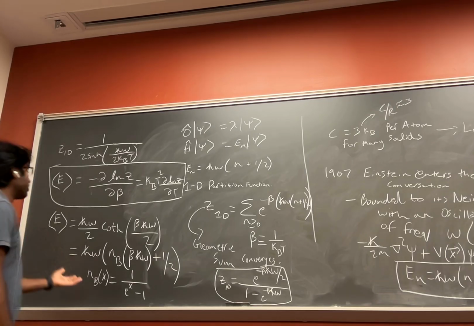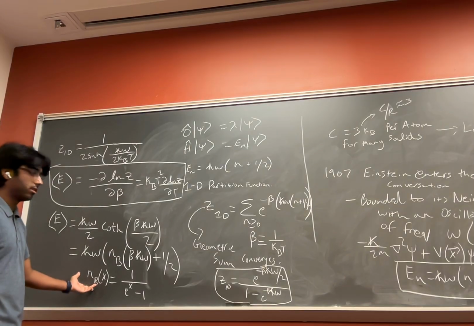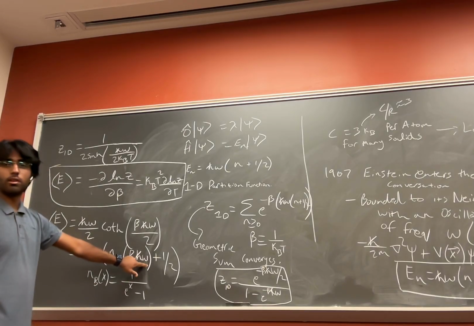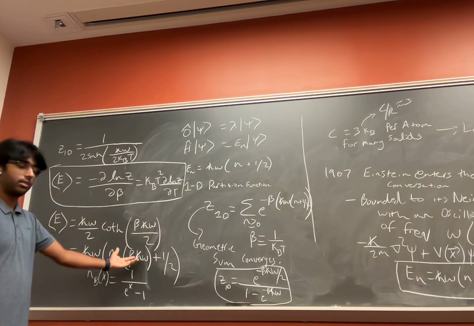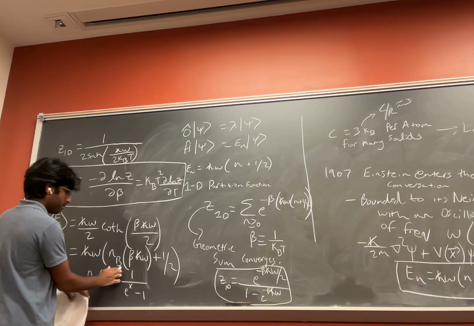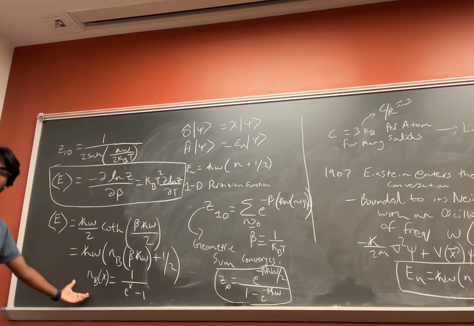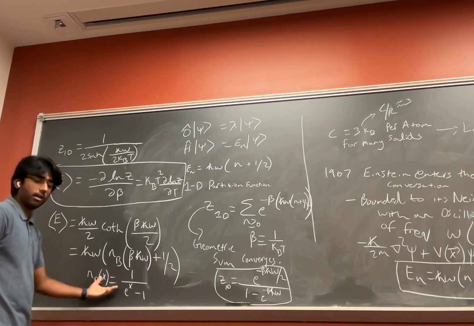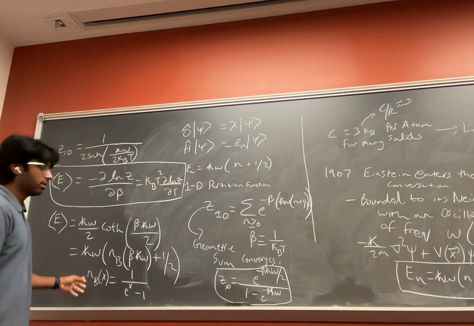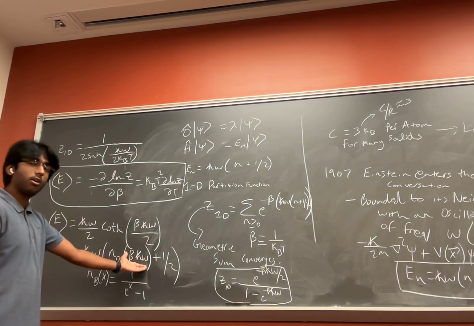And this just tells you, for any boson, the number of bosons occupied at a certain frequency omega. So basically, NB of beta h bar omega is just the Bose distribution. I believe it's called the Bose-Einstein distribution, evaluated at some specific frequency omega.